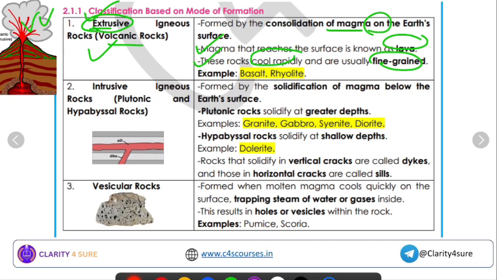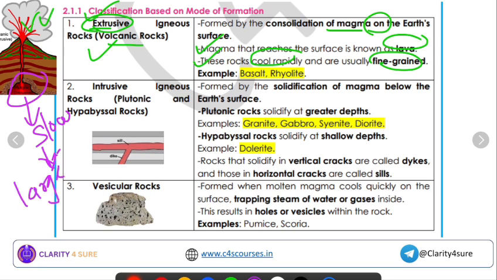So there is one more concept here. Please be attentive. These plutonic rocks are inside the Earth's surface. So to cool down, it is going to take time. The process will be slow, and when the process is slow, the rock which is going to form from this will be large.